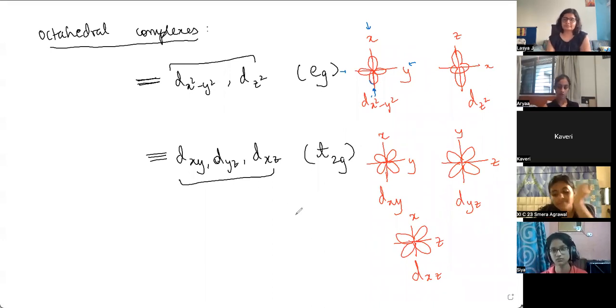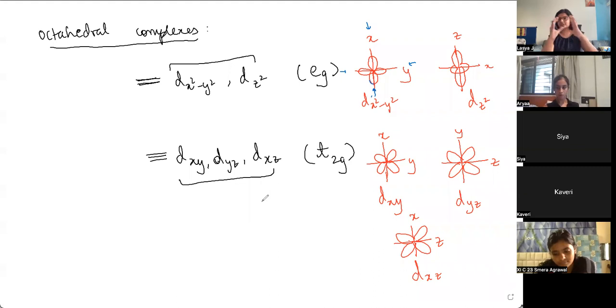In the graph, the first case was no field, and the second one was a spherical field. It was all around equal on all sides, so all the orbitals experienced an equal amount of energy because the ligands were approaching from all directions. And the last one is for octahedral, so it's approaching only from specific points, where the octahedral ligands are.